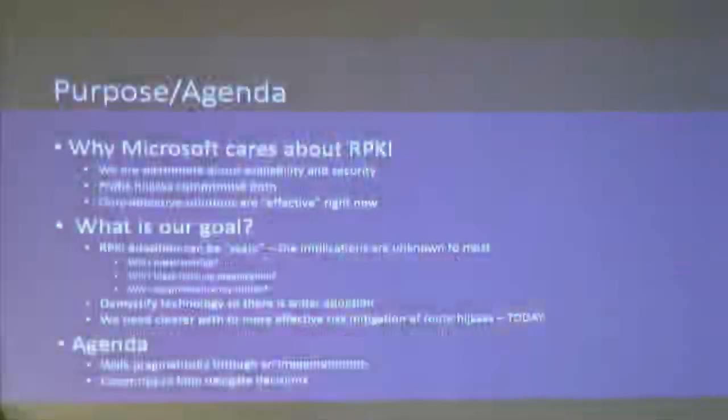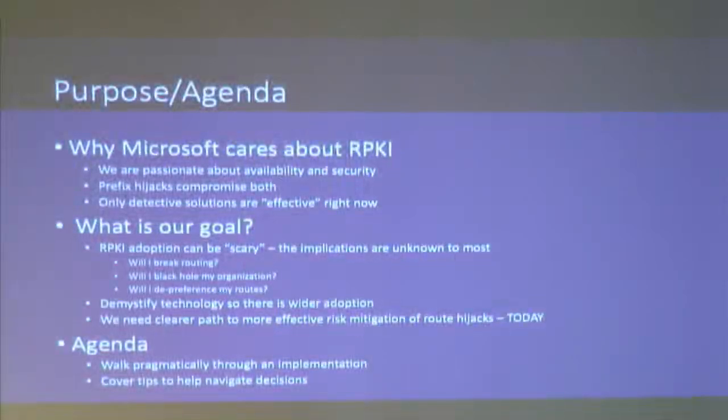So I'm JR, I run the cloud network security team for Microsoft Azure. We actually run the entire network for all of Microsoft's online services. And so why do we care about RPKI? If you're a cloud service provider today, there's two things at the top of your mind. It's security and it's reliability.